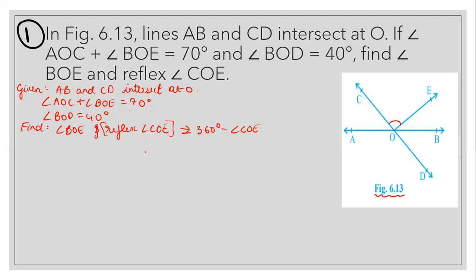If they ever ask you to find a reflex angle, you substitute 360 degrees minus that angle, and that's when you get the reflex angle. Reflex has to do with 360 degrees, between 180 and 360.